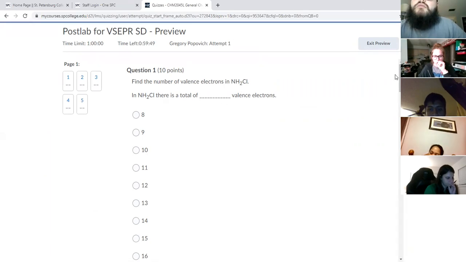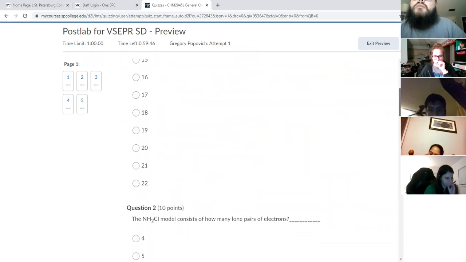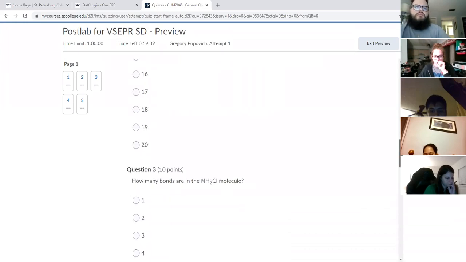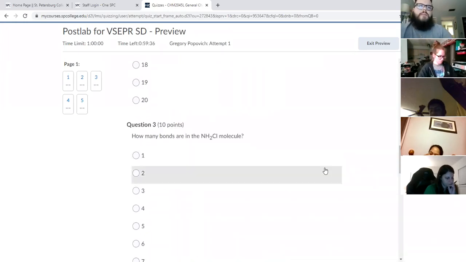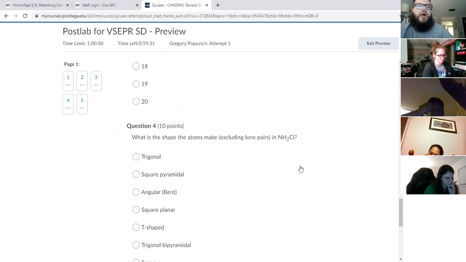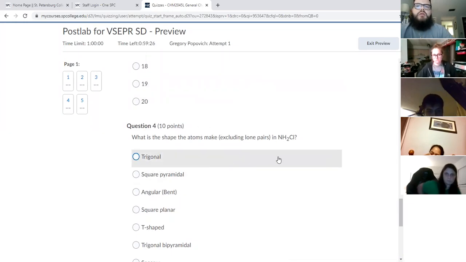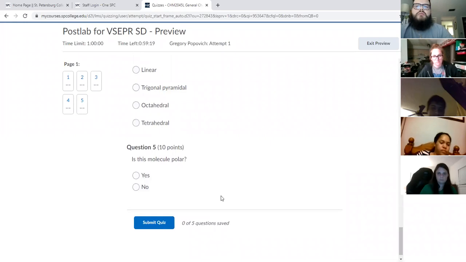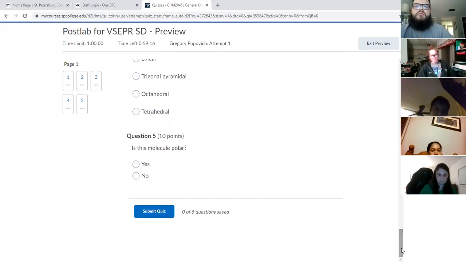NH2Cl: figure out how many valence electrons there are, how many lone pairs are around it, how many bonds there are, and the shape the atoms make. This is what I've been referring to as the molecular shape. Is the molecule polar? Thank God he didn't go crazy on that. 5 questions for the post lab.